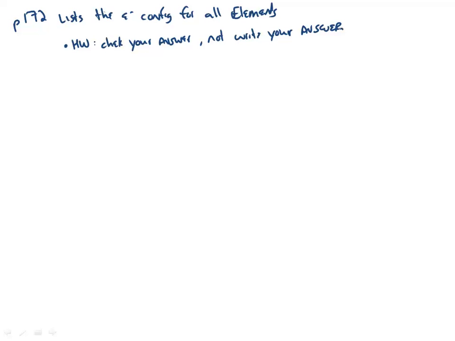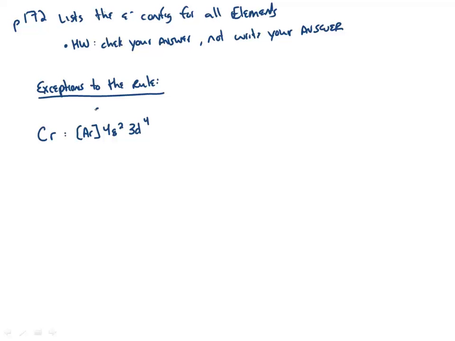And so one of the things that you'll notice if you're going through that table is there are some exceptions to the rule. For instance, if we write the electron configuration for chromium, using shorthand notation, it should be argon 4s2, 3d4, meaning this is the expected.